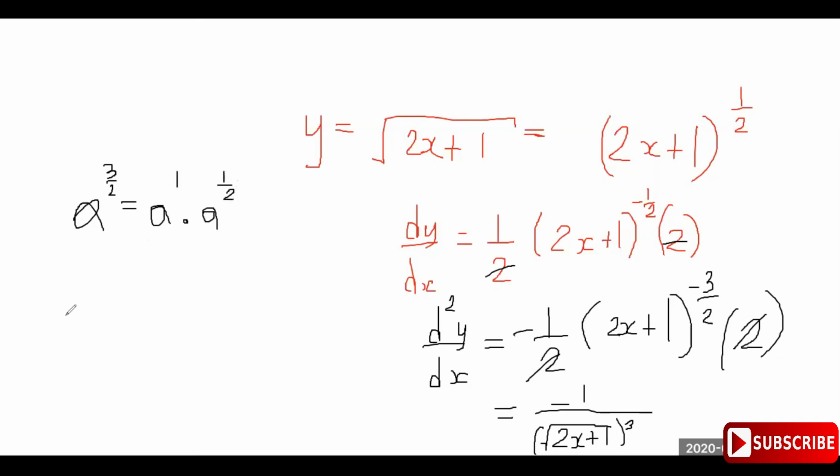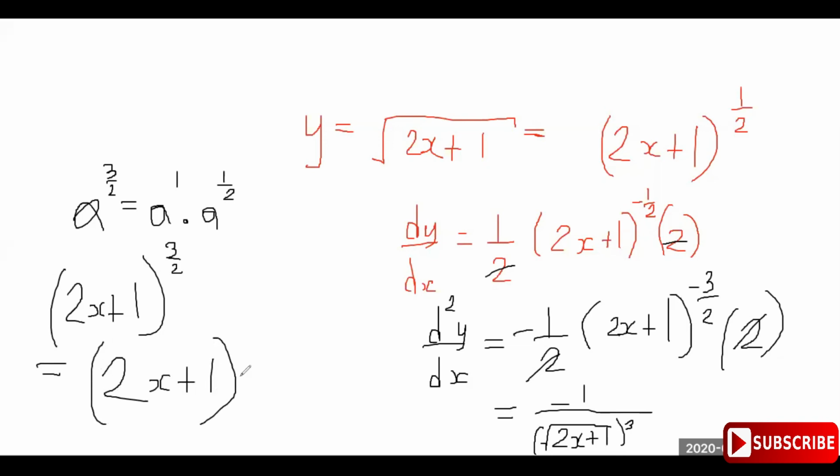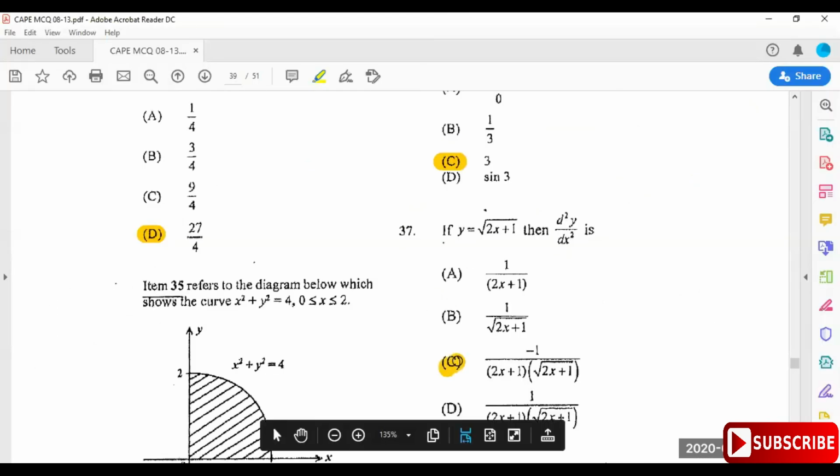So in the denominator, 2x plus 1 to the 3 over 2 power can be written as 2x plus 1 times the square root of 2x plus 1. So that's how you can write the denominator as well. So that's going to be C.